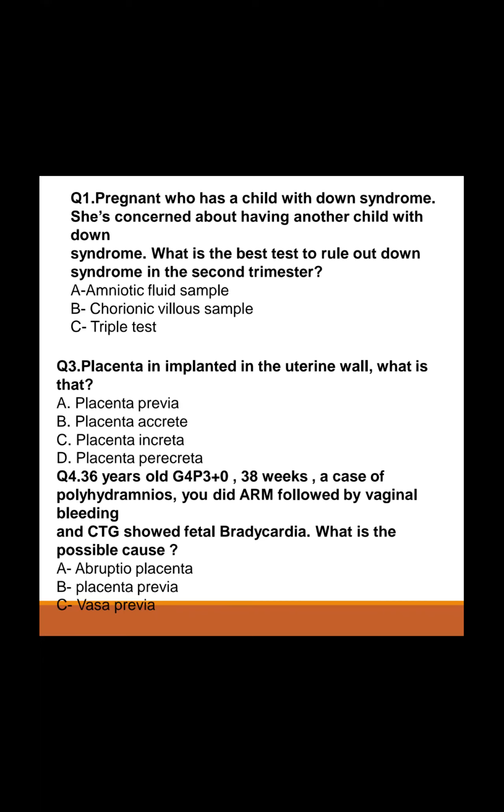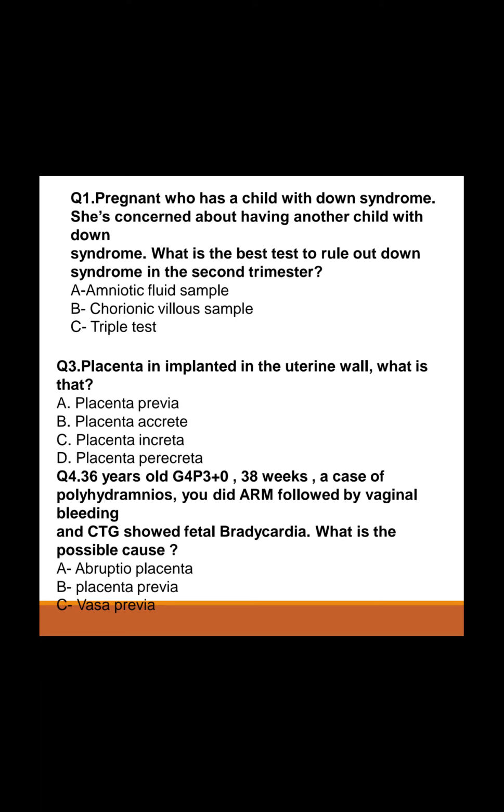First of all, whatever the exam scenario, I'm telling you shortly so you can understand. Always for abruptio, they will give pain, other than pain, tenderness. If not, you will not mark abruptio. So it is excluded.